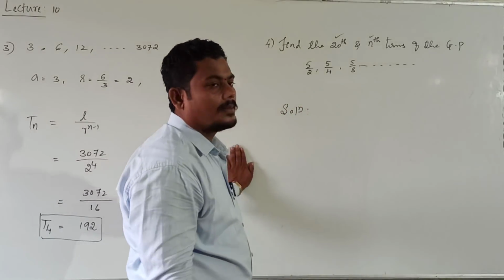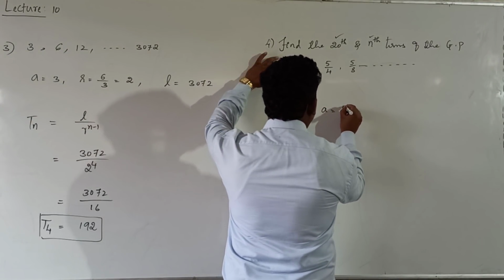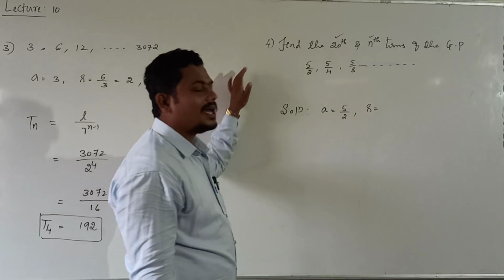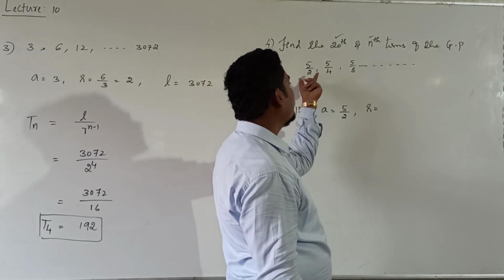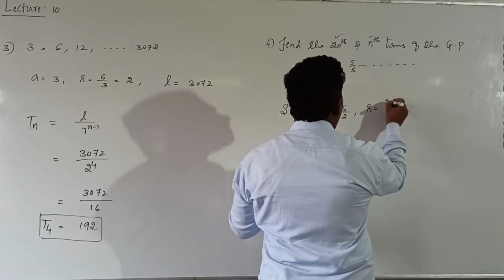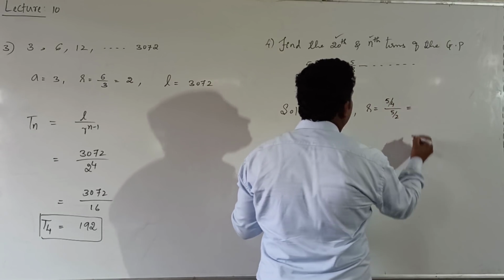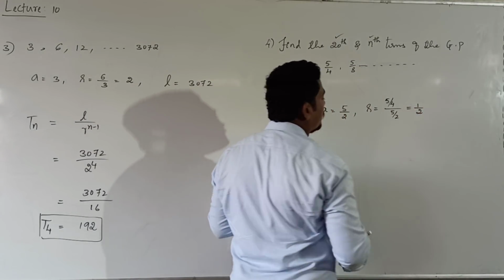Then, in this case, what is small a? That is 5 divided by 2. And what is small r? Small r is nothing but common ratio, term divided by its previous term. 5 divided by 4 divided by 5 by 2, that is equal to 1 divided by 2.